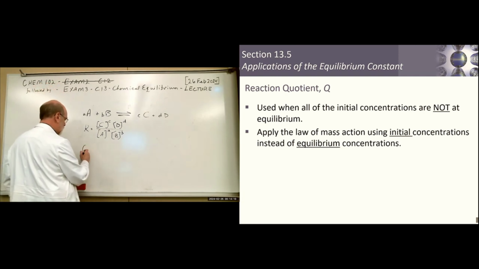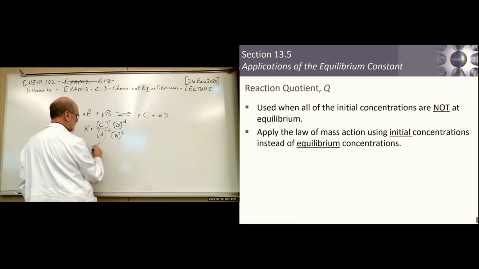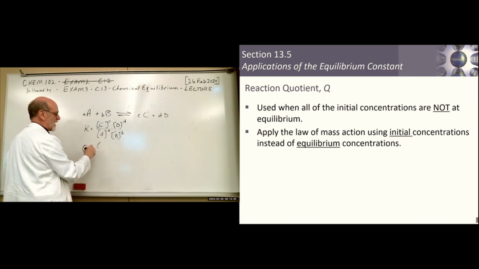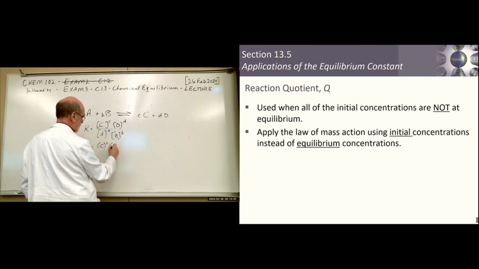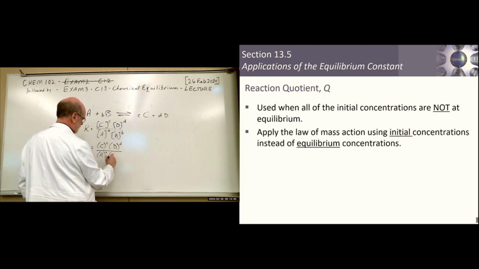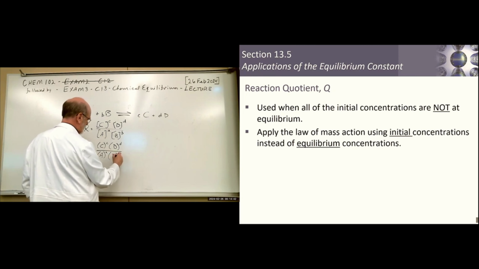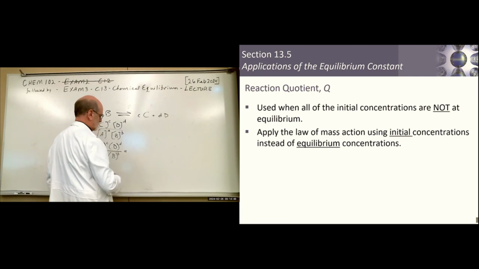Q is modeled on the K expression. So you would take the actual concentrations, and I'm going to use parentheses instead of square brackets here. Calculate your Q, and you get some value.